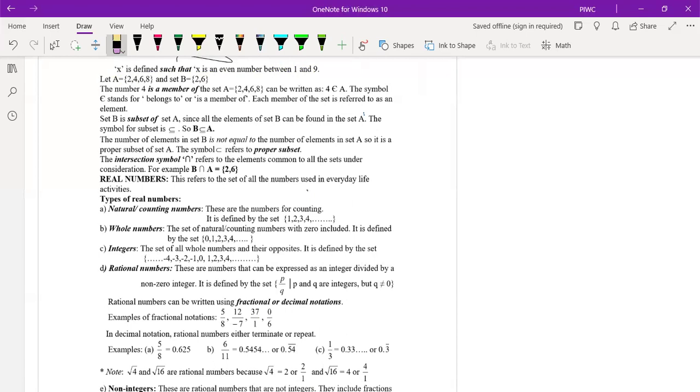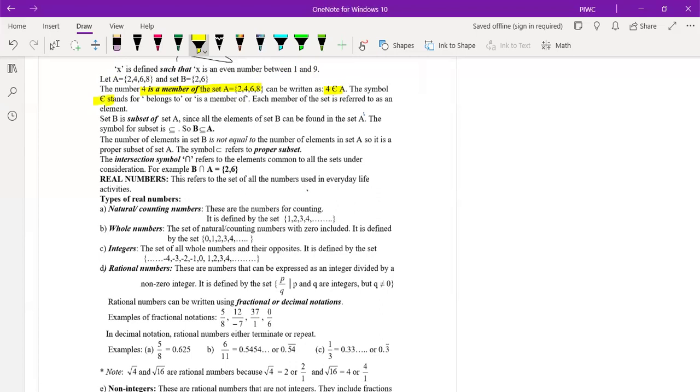So each element that you see within the set is called a member, right? And in math, we can write this using a notation. So we can write 4 is a member of the set A as 4, and then this symbol, which represents an element or belongs to, the set A. So see the symbol, it stands for belongs to, or it's a member of.